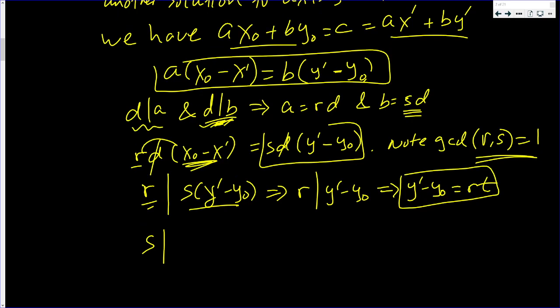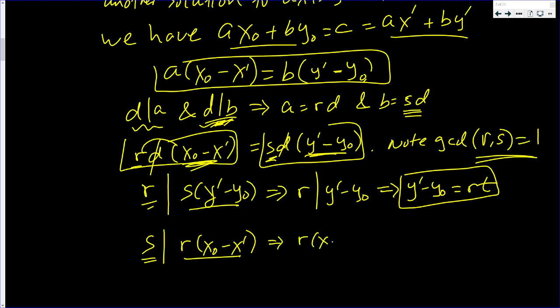Similarly, s divides r times x0 minus x prime, because this is some multiple of s. Well, that implies that r times x0 minus x prime is some multiple of s. Well, let me back up.